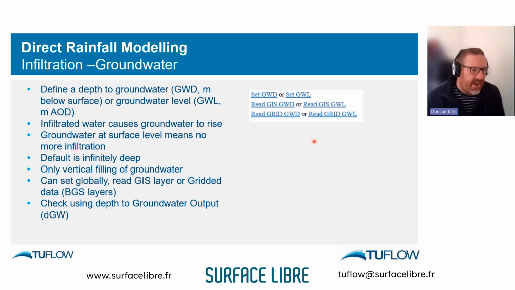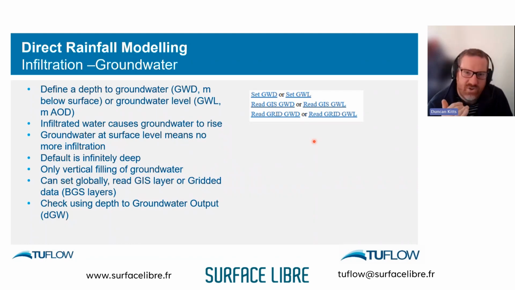We can also have a simplistic groundwater. By default, if we have infiltration into the soil, essentially that soil is infinitely deep, and we can have pretty much an infinite amount of infiltration. What we can do is have a groundwater depth, and what that means is when we get infiltrated water into that, our groundwater rises. Once that groundwater gets to the point of the 2D surface layer, then no infiltration occurs.